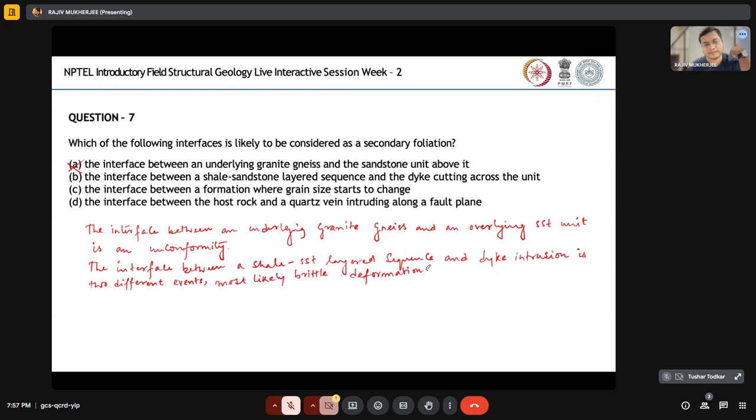So shale sandstone is cut across by a dike.